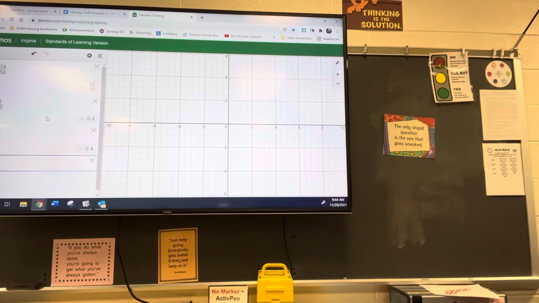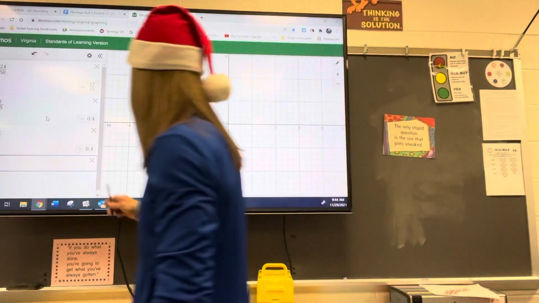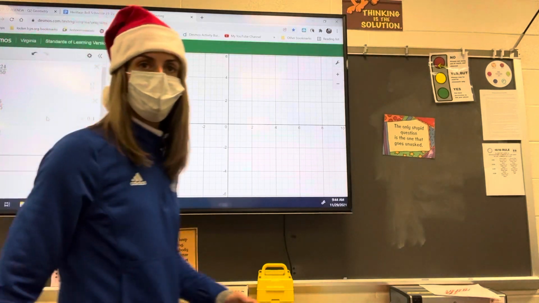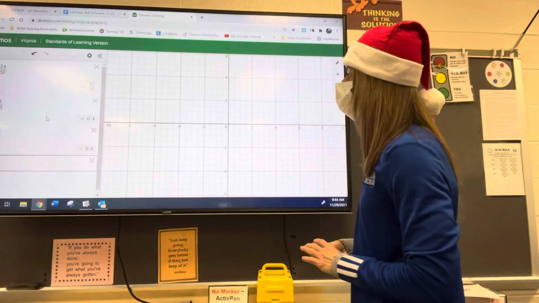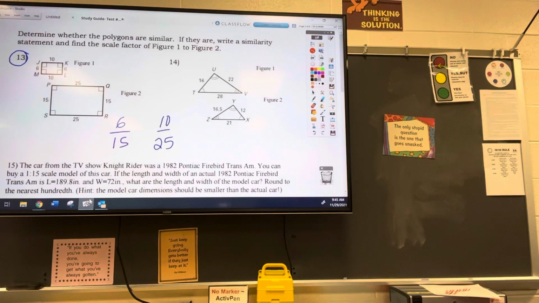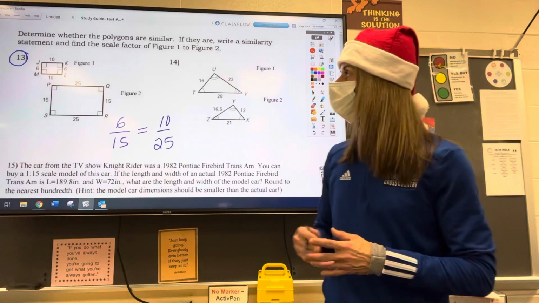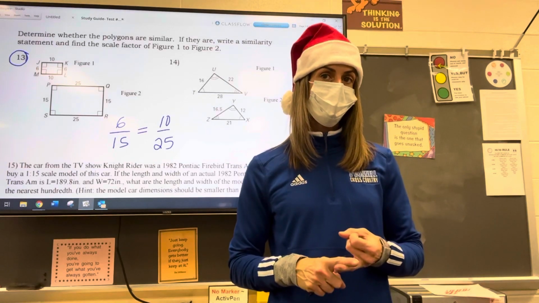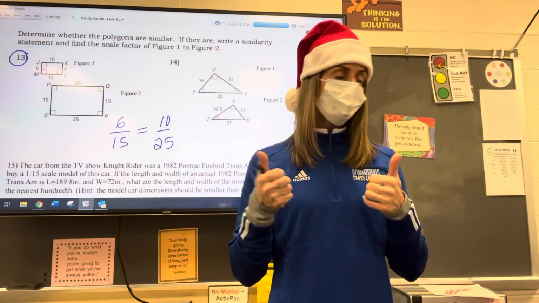I didn't even change them from decimals to fractions because I can just look at the decimals and see that they're the same. Are you okay with that? So now that we know the ratios of the sides are the same, those corresponding sides are proportional. The corresponding angles are congruent and the corresponding sides are proportional. That means the two figures are similar.